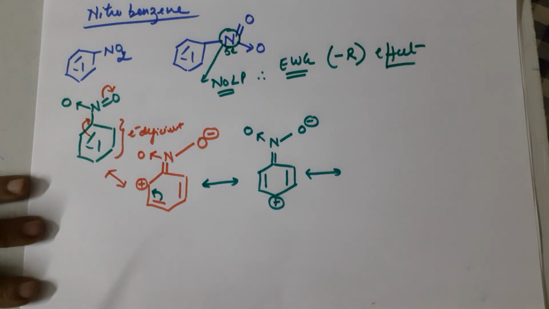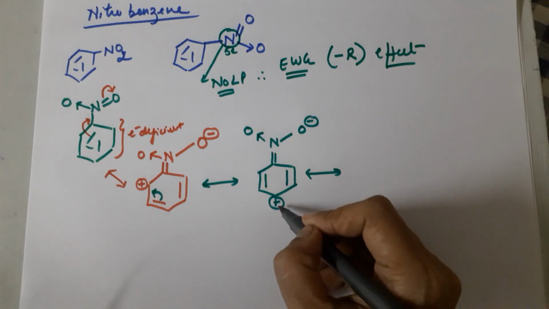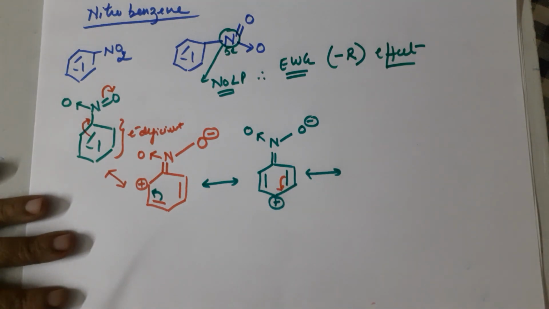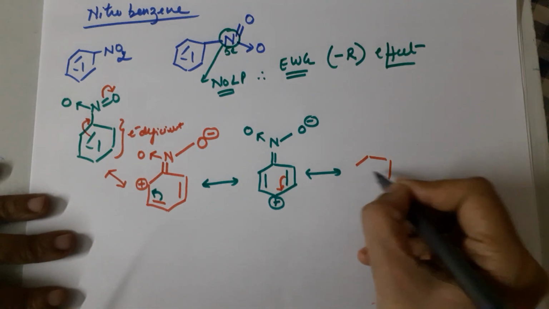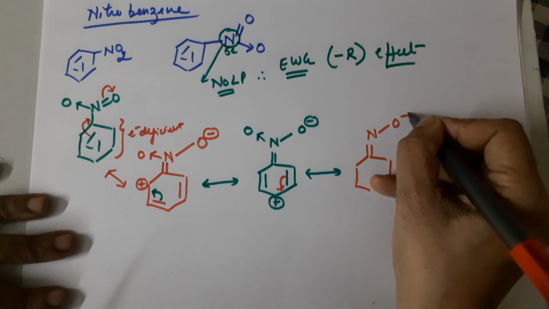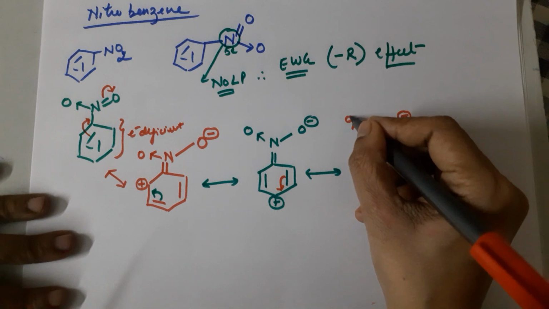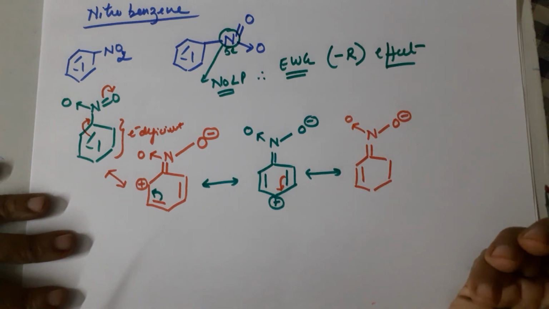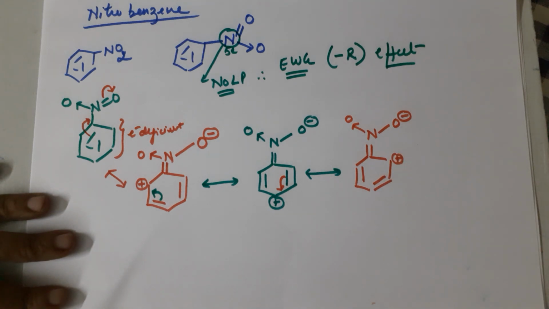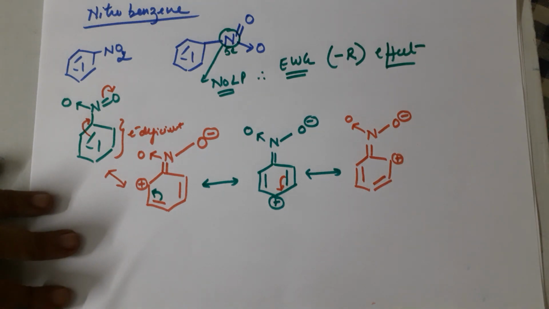Moving to the next. Now this is electron deficient, it pulls the electron cloud from here and this pi electron shifts here, leading to the next resonating structure which shows no change here, no change here, no change here, no change here, this bond shifts here. If this bond moves here, this particular carbon gets a positive charge. Moving on to the next.